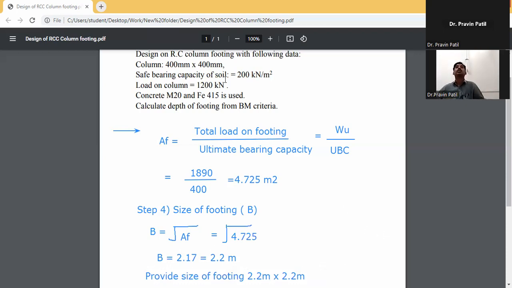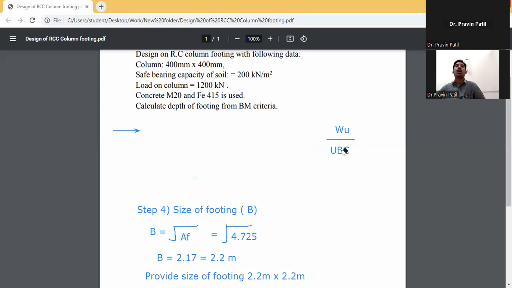Okay. Step number 5, upward soil pressure, that is in bracket small p.